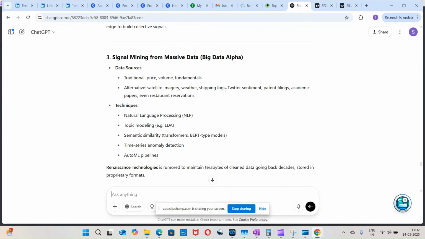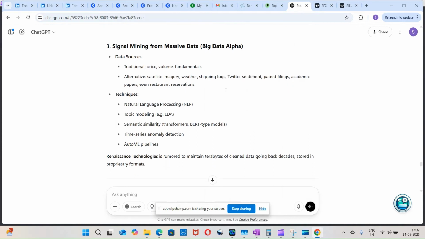The third one is signal mining. So this is massive data that is basically stored, and the data sources stored are pricing data, like historical pricing data, volume data, and fundamentals related data. Apart from that, even satellite imagery data, weather data, shipping logs data, Twitter sentiment, even data from websites, patent filings, academic papers, even restaurant reservations, and social media news.